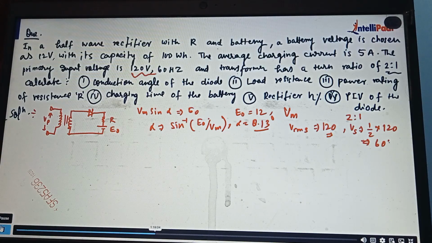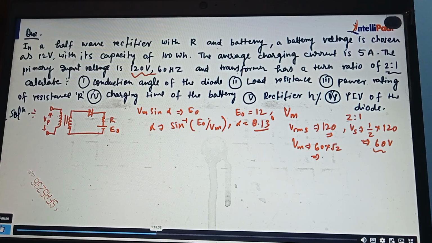So this is 60 volt, and this is the RMS one. Now, if I want to calculate Vm, then 60 into root 2 would be the Vm.